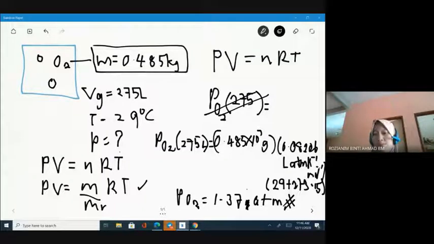Who has got it already? 1.37, done already?